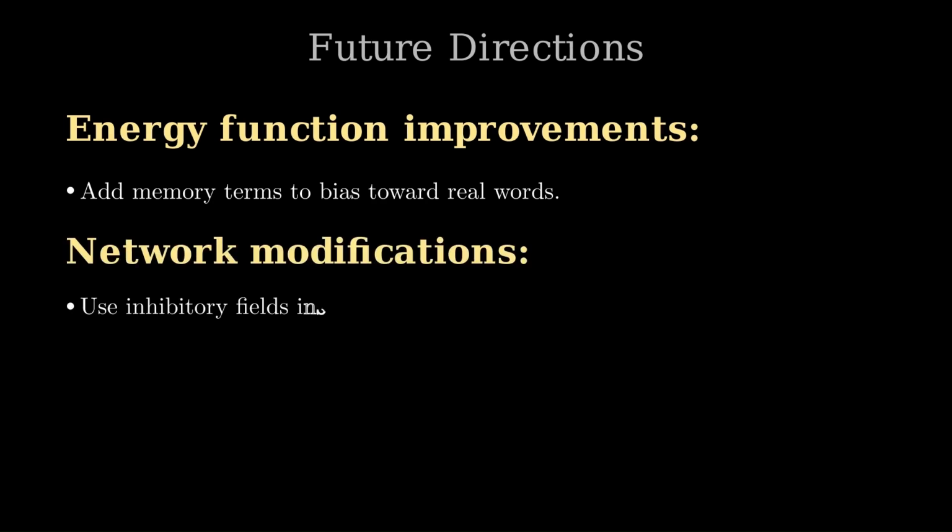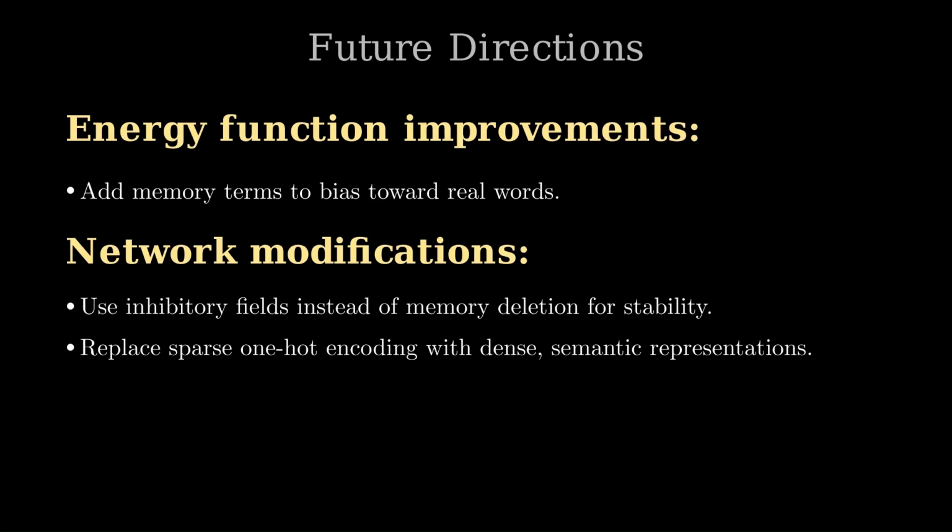Instead of memory deletion, I would implement inhibitory fields to suppress repeated suggestions while preserving network stability. And rather than sparse one-hot encoding, I would use dense distributed representations that capture semantic relationships between words.